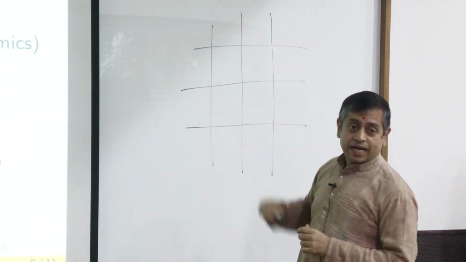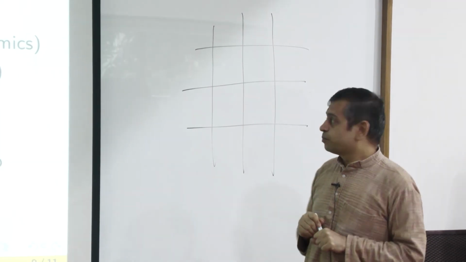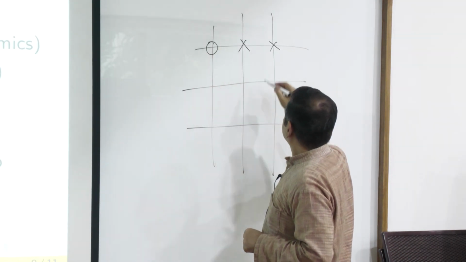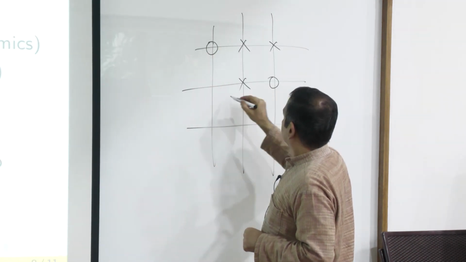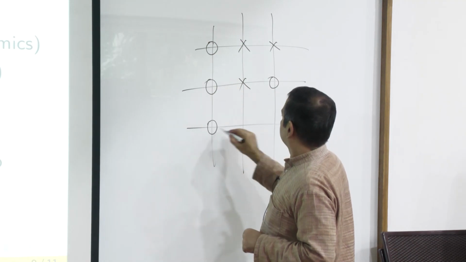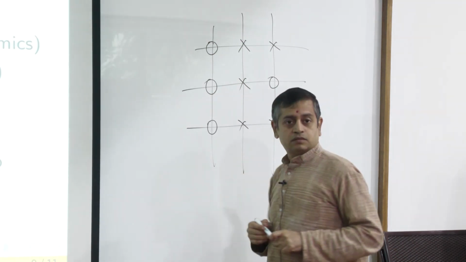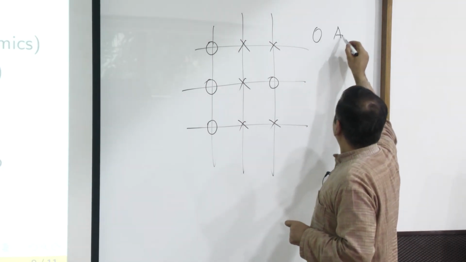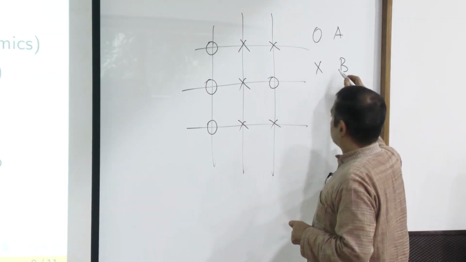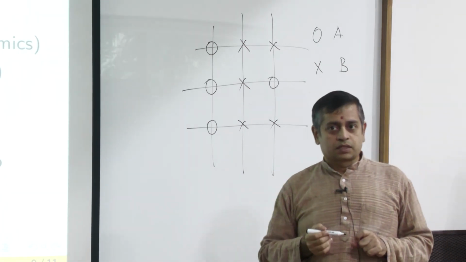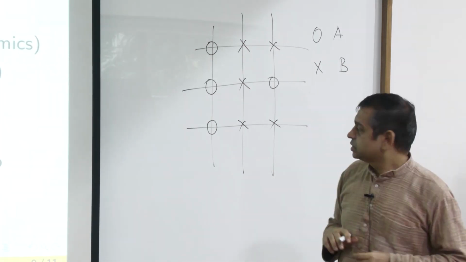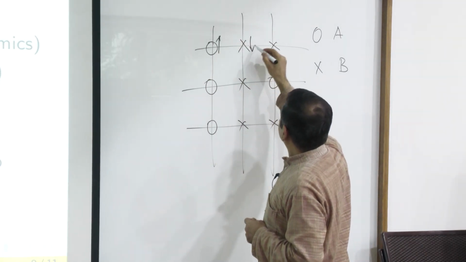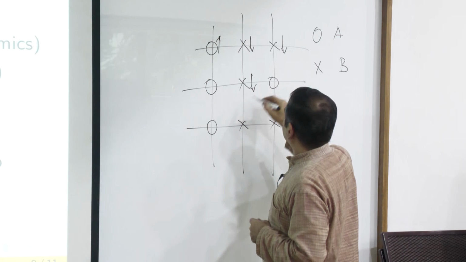Then we populate the lattice. I can populate with A atoms and B atoms, that is one way. This is A and this is B. I can also populate it with up spins and down spins.